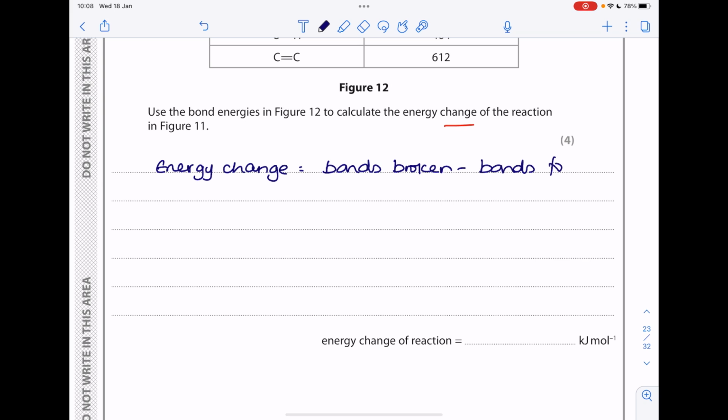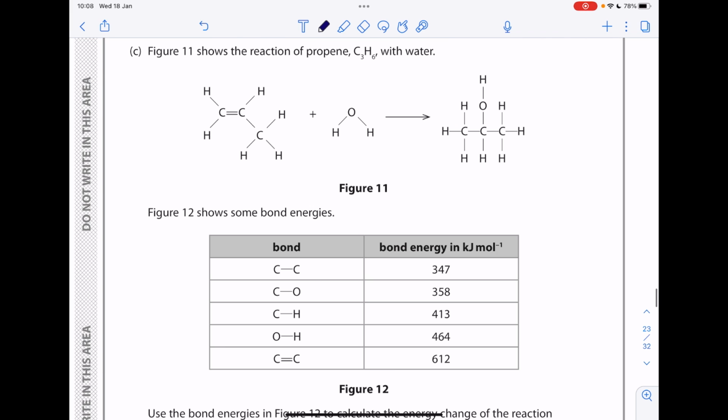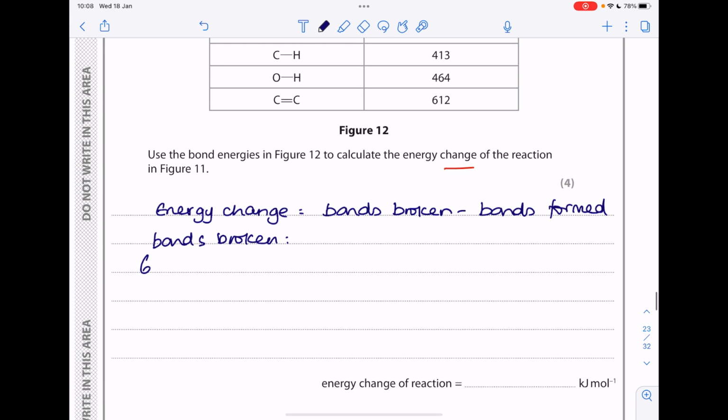So to find that energy, we do bonds broken, take away bonds formed. So let's work out our bonds broken on this side first of all. Let's count them off. 1, 2, 3, 4, 5, 6 CH bonds.